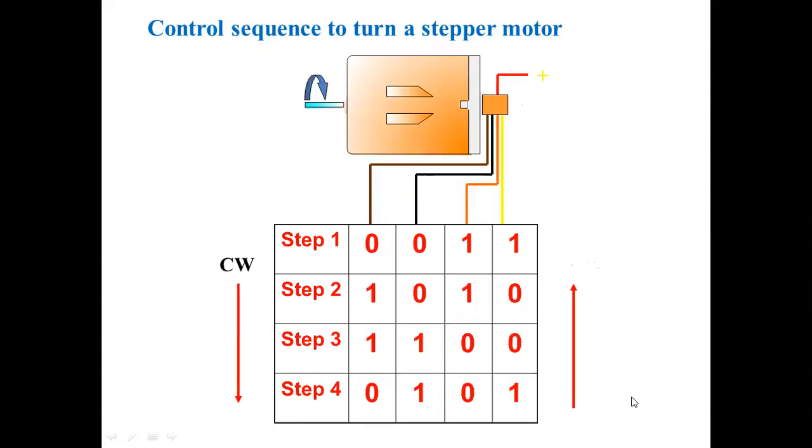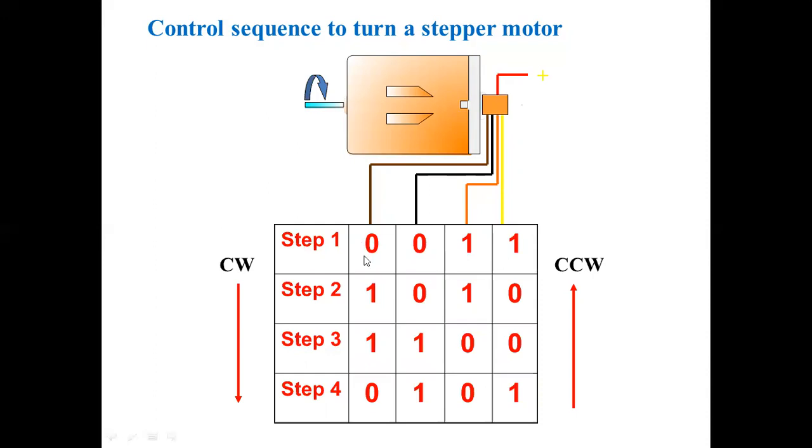Next one, this is the control sequence to turn on a stepper motor. If you consider, this is the truth table. If you observe step 1, we are considering the 4 terminals of the stator coils. For step 1 it should be 0 0 1 1, like that.